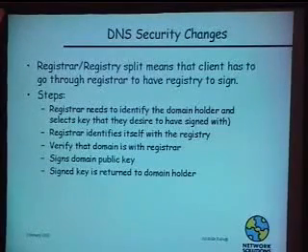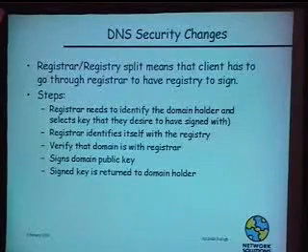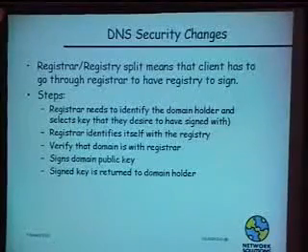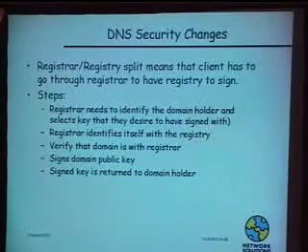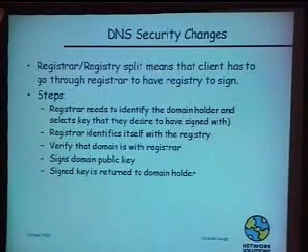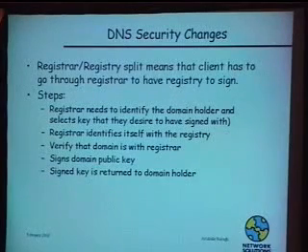So what this means is, if this does happen, how is all this going to work with the registrar-registry split? What's going to happen is you, as clients, will go talk to your respective registrar and authenticate through them. Once they have authenticated you, you will give them your key.